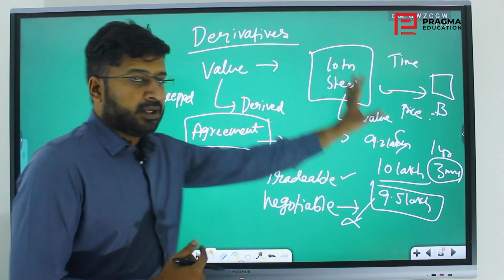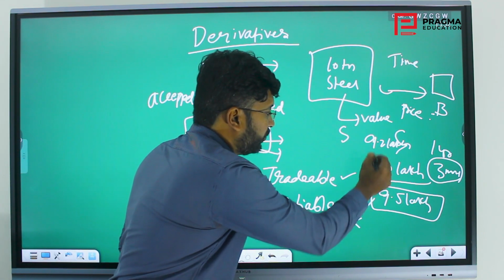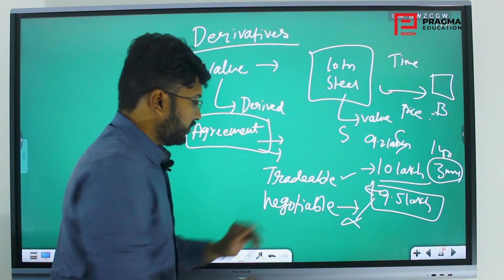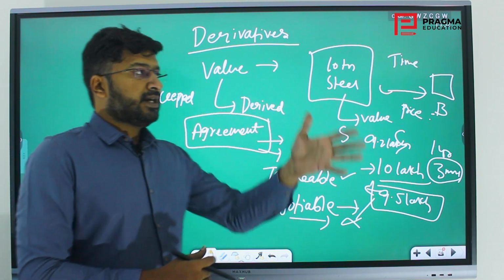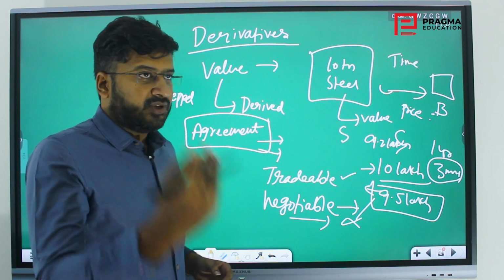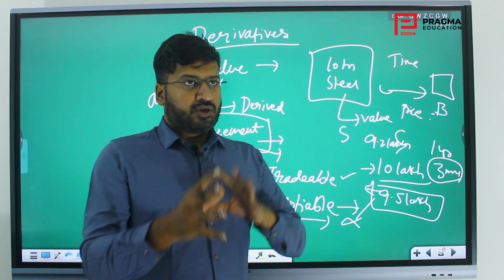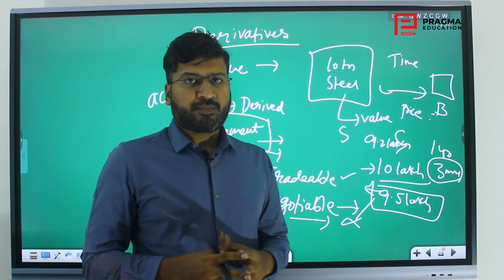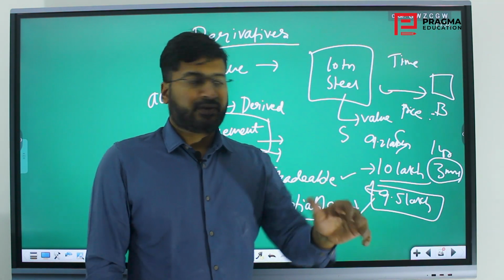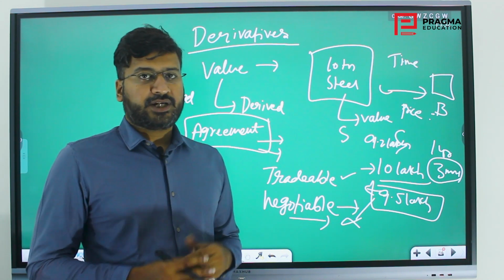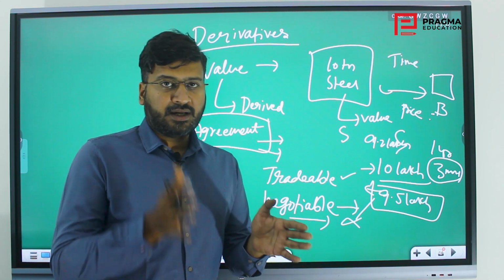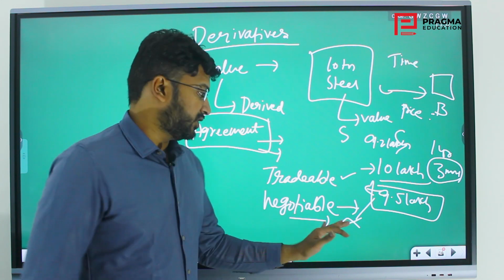This is what it means. So the price you arrive at based on this value is negotiable. If I am a buyer, I can say 9.5. Somebody else will come and say 9.4. So the seller will give it to whoever gives the max, 9.5. That price can be negotiated between the parties, buyer and seller. That is what negotiable means.